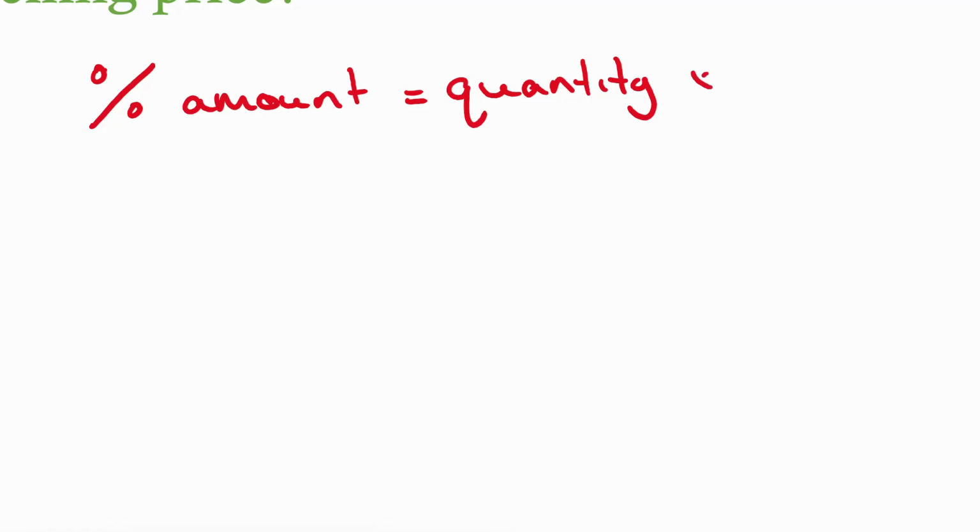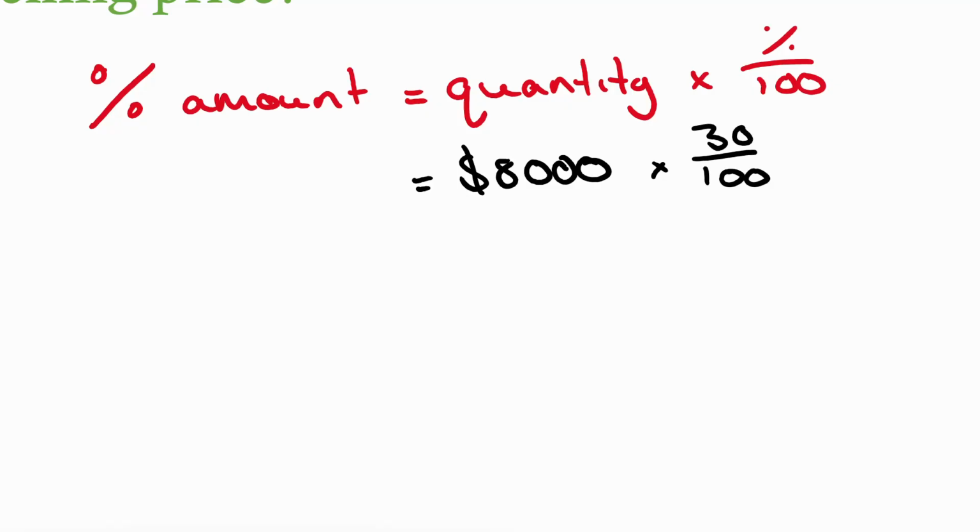Our percentage amount is our quantity that we started with multiplied by our percentage over 100. In this example, we have $8,000 and we're going to times it by 30 over 100. That ends up with 2,400.